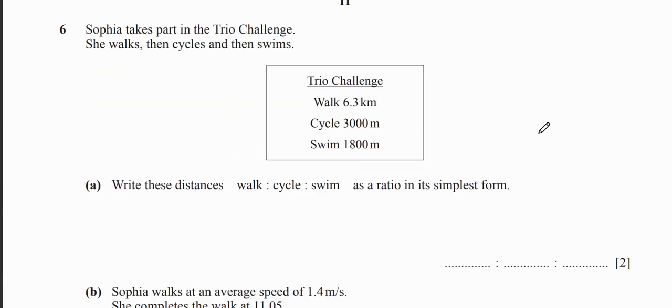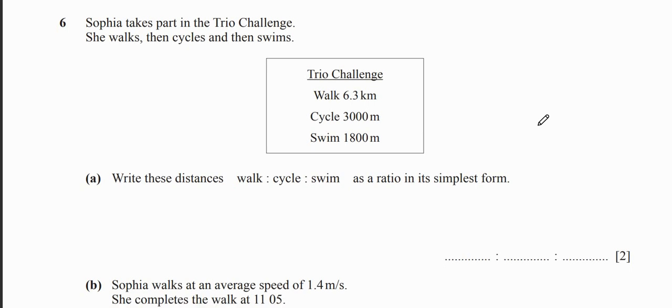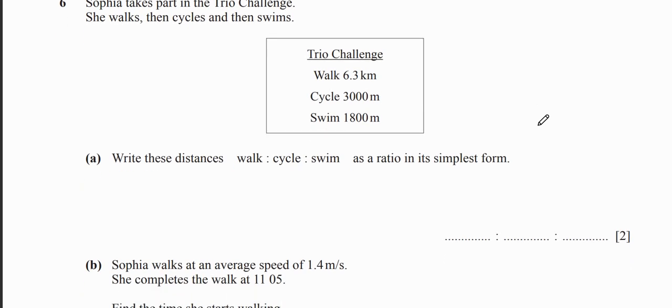Next question says Sophia takes part in trio challenge. She walks, then cycles, then swims. Write these distances in its simplest ratio. The best way to do it is to convert all of them into meters. So 6.3 kilometers is 6,300 meters. So I will do 6,300 is to cycle is 3,000, swim is 1,800. 0 cancelled out, 0 cancelled out.